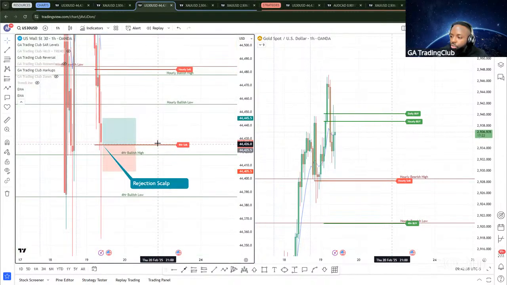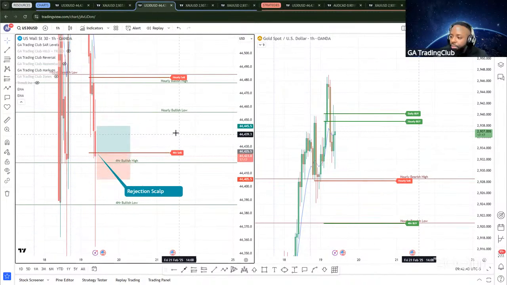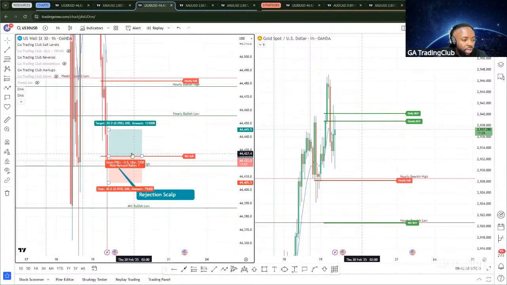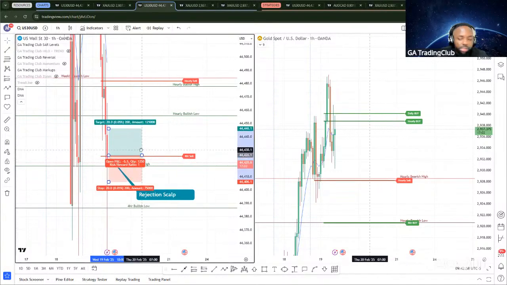So long as your TP is away from the zone in question, you should be fine. But I want to see if this triggers up here at the top.